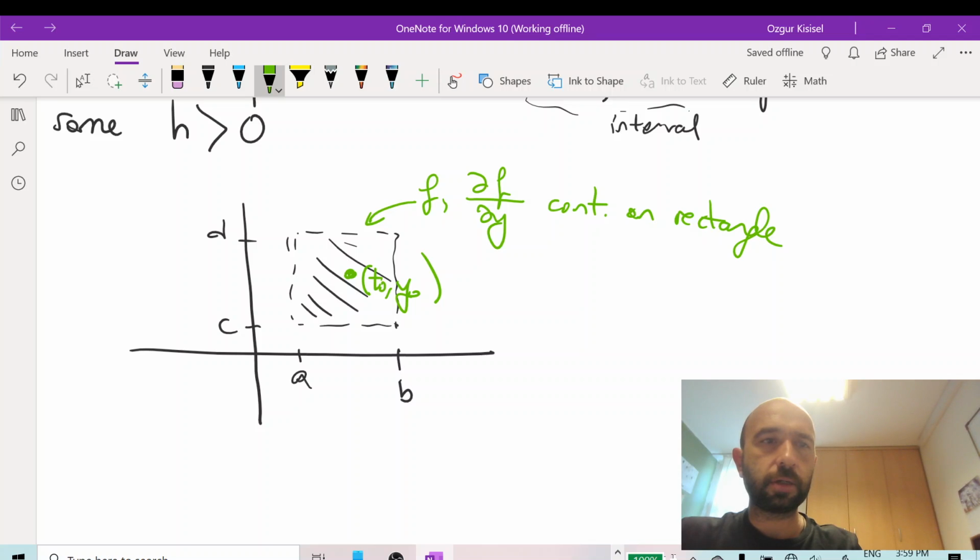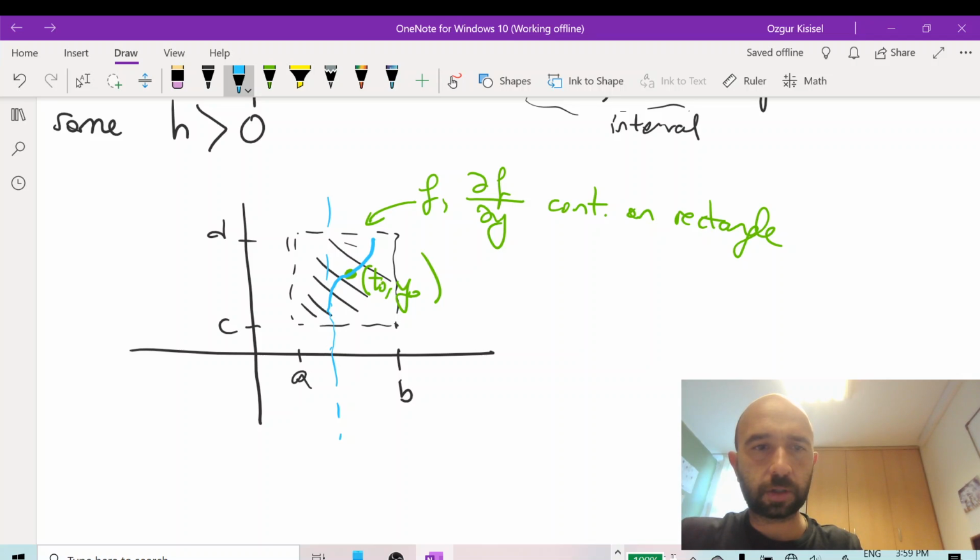And the conclusion that you make is you have a unique solution through this point, but does the solution go all the way to the boundaries of this box? In general, no. It might be having some infinite asymptote here.